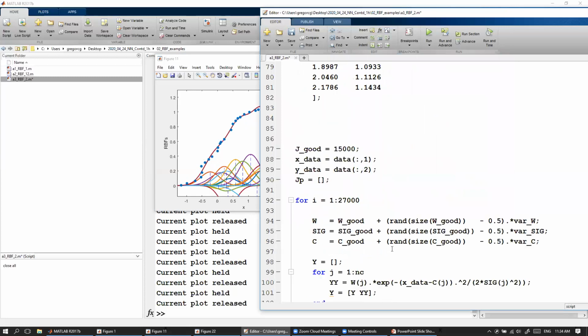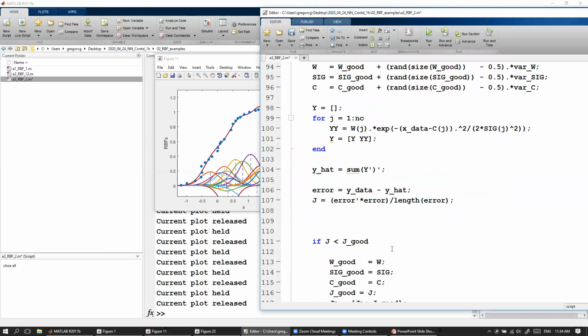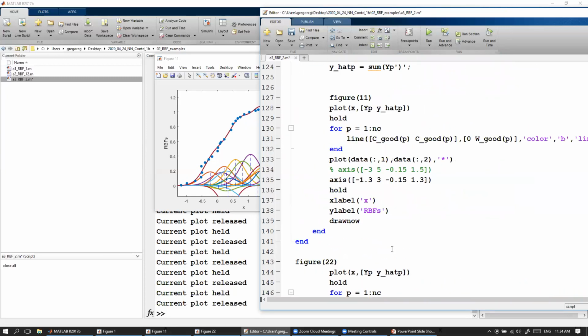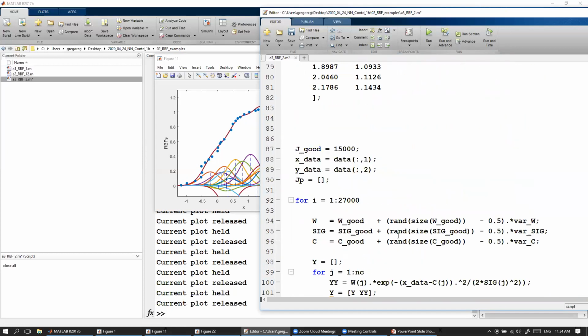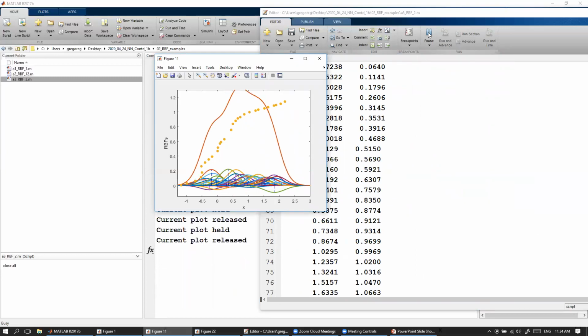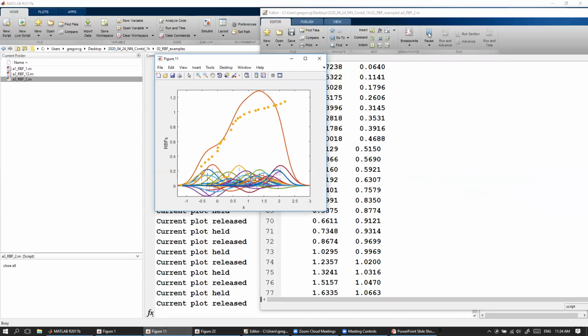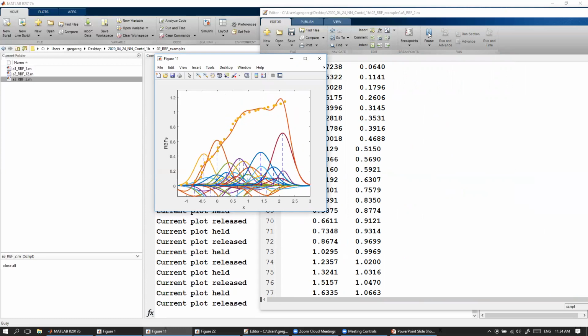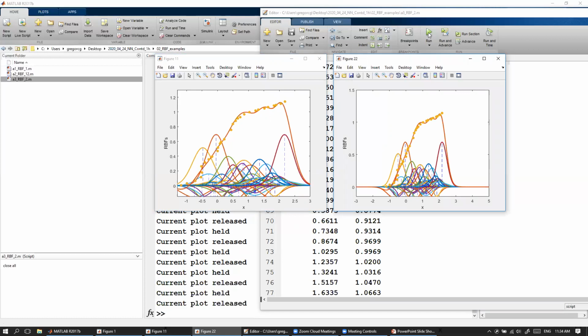Just a second, I want to check something. So what happens here? When we have really lots of neurons, the neural network wants to fit each neuron to a data point, each data point.